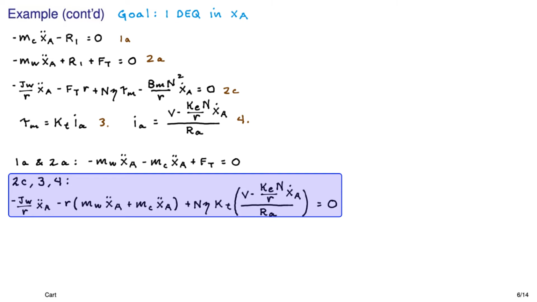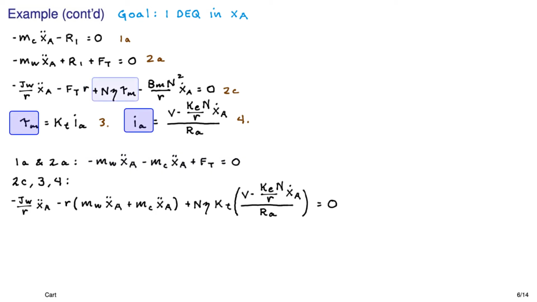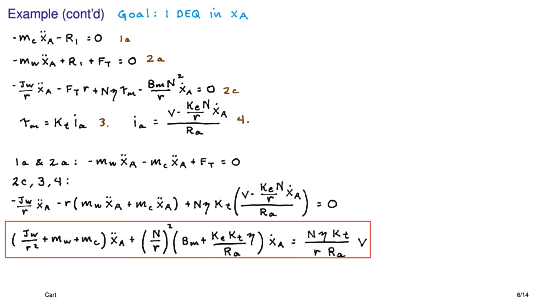I've resolved away the FT in equation 2C, basically combined it into this equation. And then also did that little substitution where the IA in 4 goes into equation 3 and then into equation 2C. And voila, we have that thing. Now I can jiggle this around a little bit, kind of group terms, and we get this beautiful differential equation for the cart and motor.